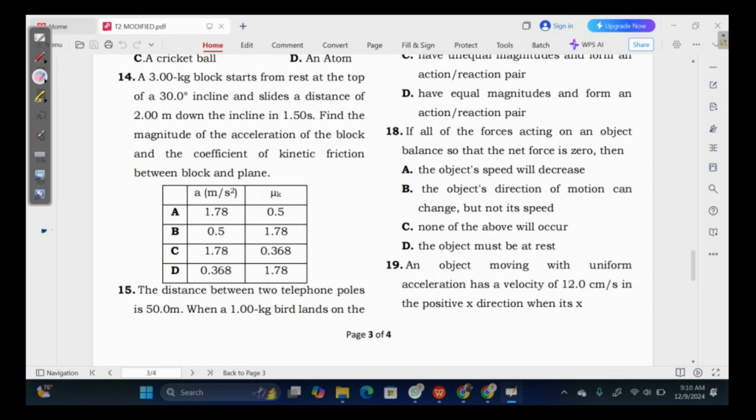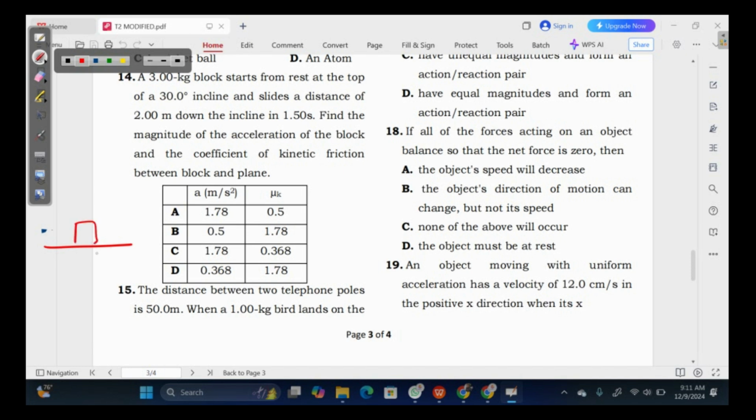So what I want you to understand is one thing. If you have got an object, this is the object.